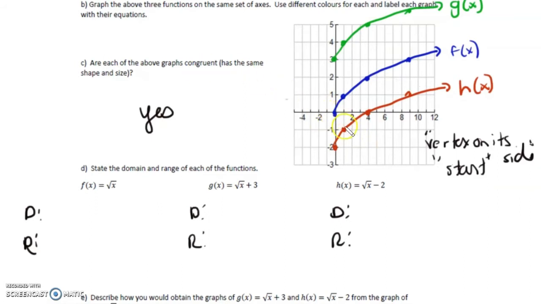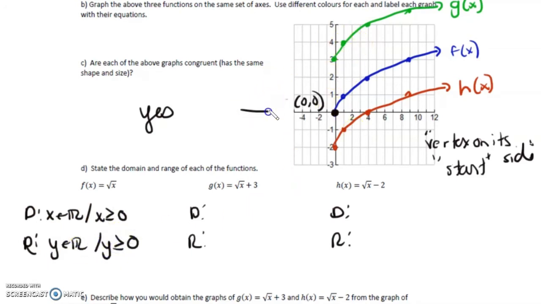So for the blue one, the vertex would be considered basically 0, 0. So x is going to be greater than or equal to 0, and y is going to be greater than or equal to 0. All three of these graphs are still going to the right forever and up forever. So we use the greater than or equal to sign.